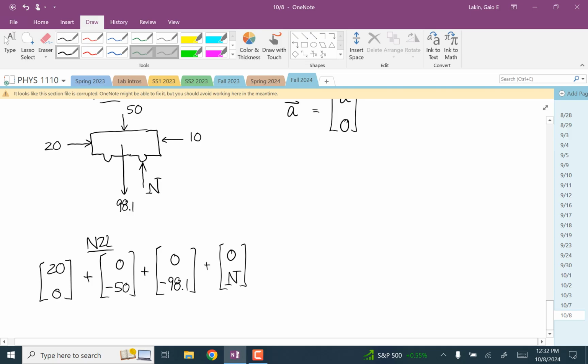So what are those components? -10, 0. Yep. And all of these forces are equal to the mass times the acceleration, which we already figured out is a, 0.